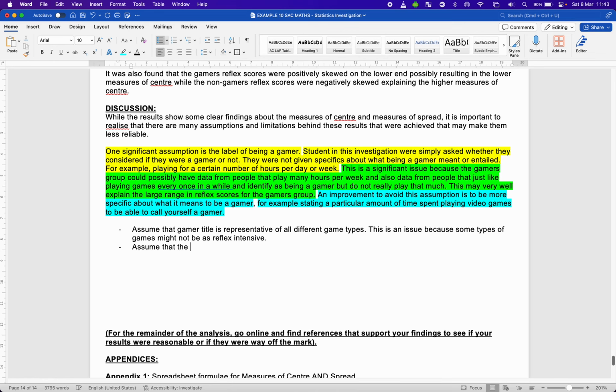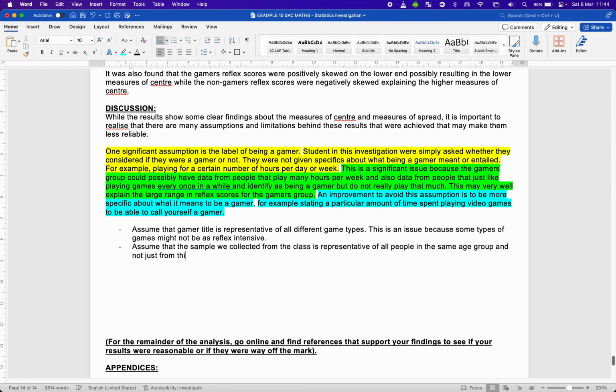Assume that the sample we collected from the class is representative of all people in the same age group and not just from this particular school area or socio-economic level, solid middle class.